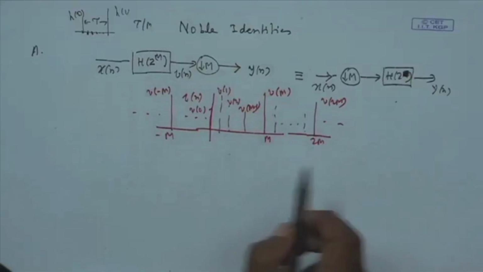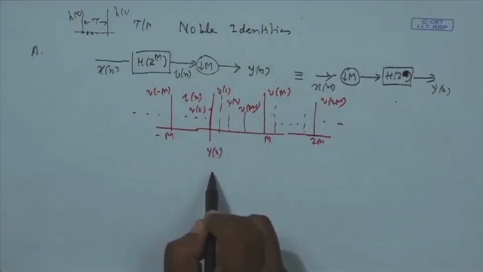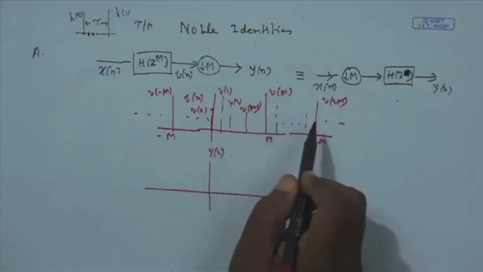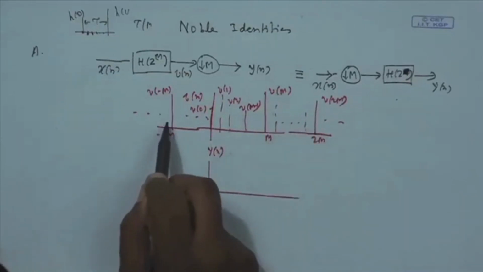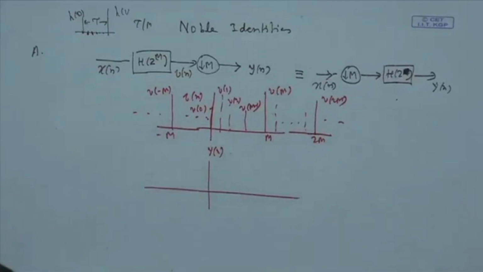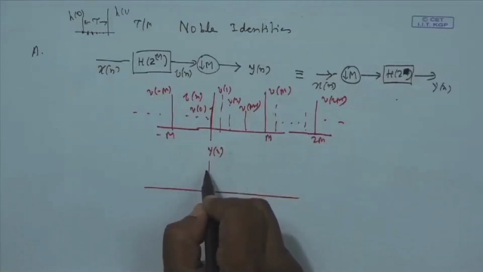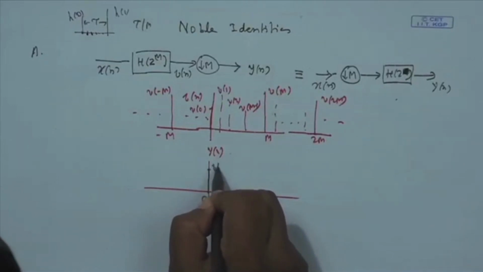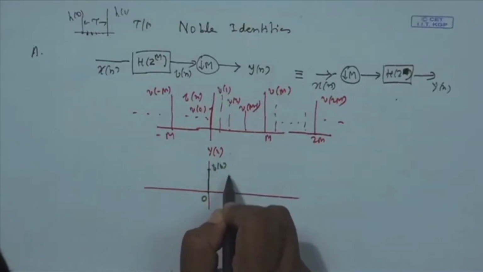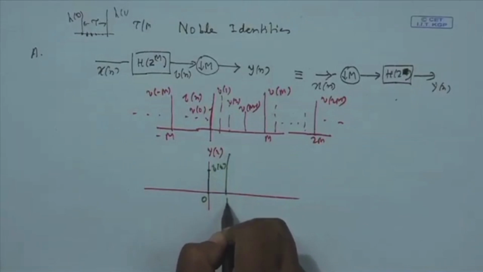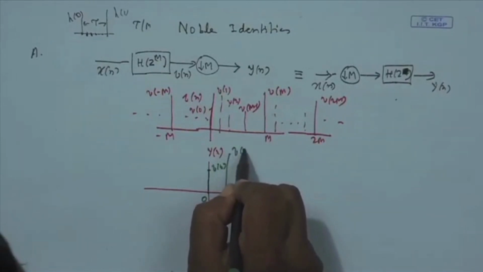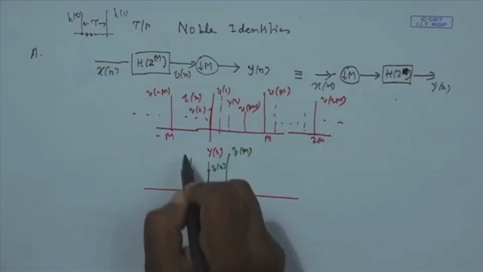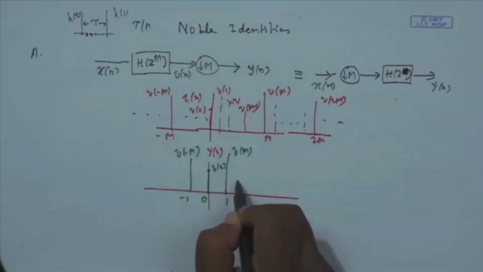After you decimate, you get y n. But what is y n? y 0 will be v 0, y 1 will be the Mth sample here, y 2 will be the 2Mth sample, y minus 1 will be the minus Mth sample. So, at the 0th point, it will be v 0 coming, at point number 1 v M coming, at point number minus 1 v minus M coming.